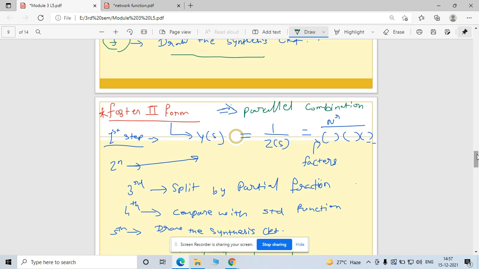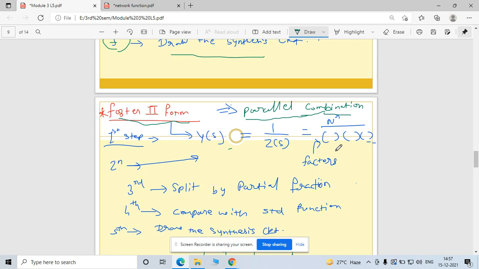Now what is the Foster 2 format? Foster 2 format is nothing but the same as this, but here you have to draw the parallel circuit combination. It means it is a parallel circuit combination. Here we are generally talking about the admittance function. Admittance is nothing but the reciprocal of your impedance function.